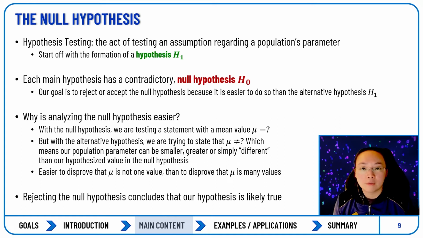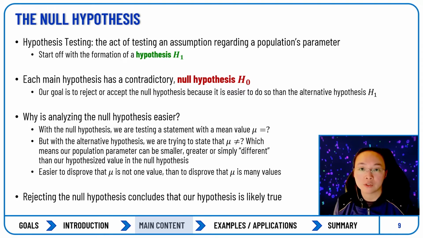So the first question is, why is it easier to analyze the null hypothesis? The main thing is, with the null hypothesis, we're testing a statement with a mean value, mu equals to something. So maybe our hypothesis is to say that our value is not this, or our value can be greater or less than this value. In that case, your null hypothesis would assign a value that you want to disprove.